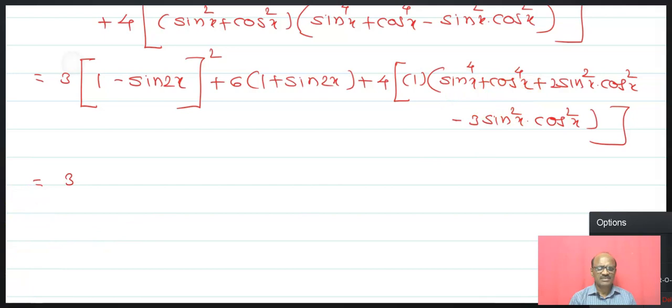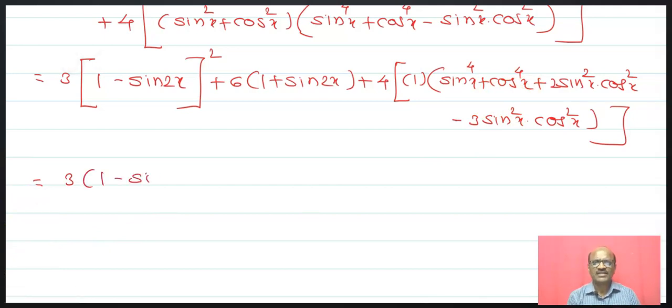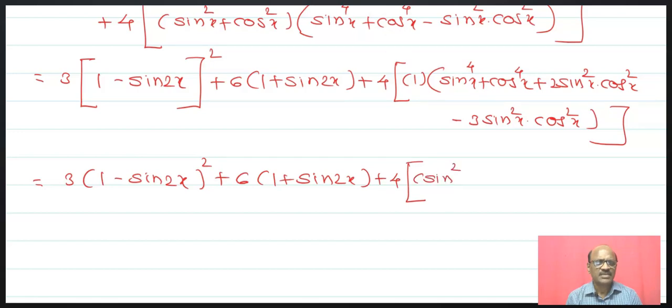Now see this here, 3 times (1 minus sin 2x) squared plus 6 times (1 plus sin 2x) plus 4 times ((sin square x plus cos square x) squared minus 3 sin square x into cos square x).